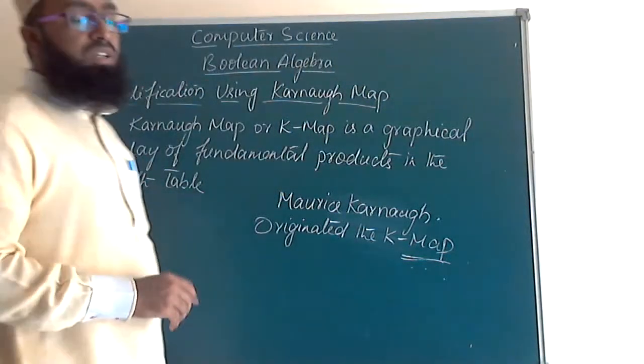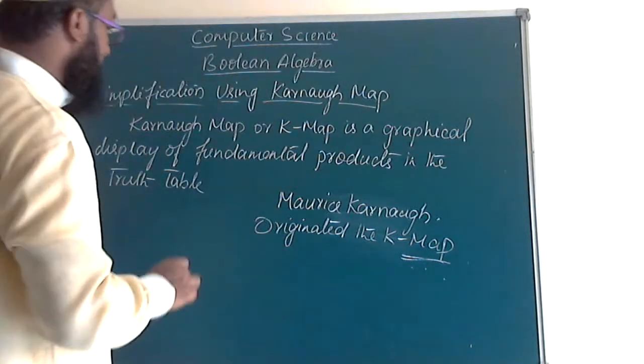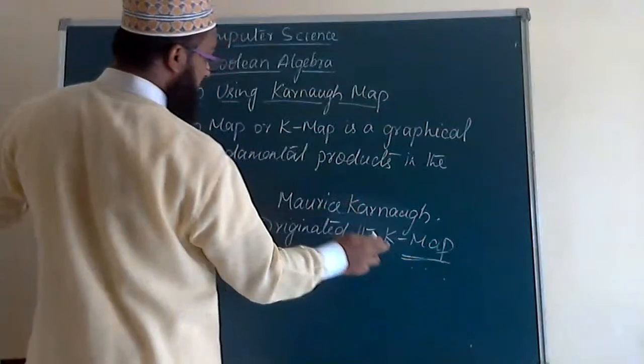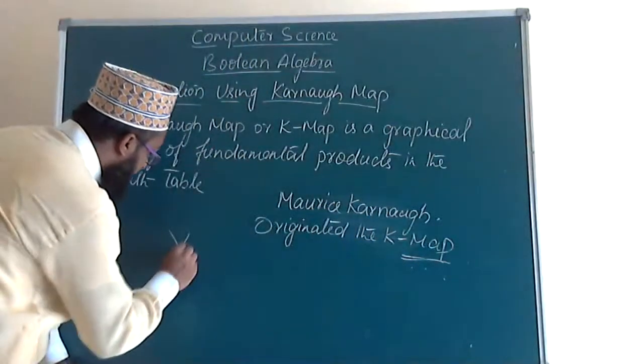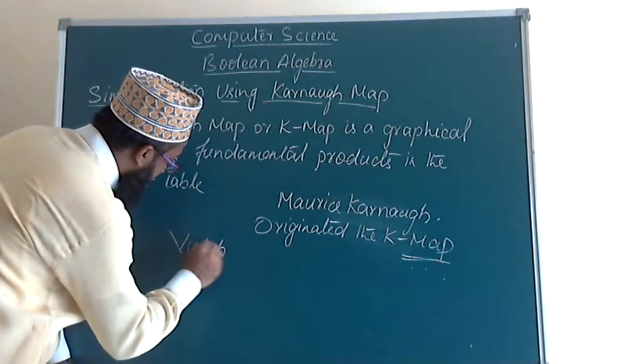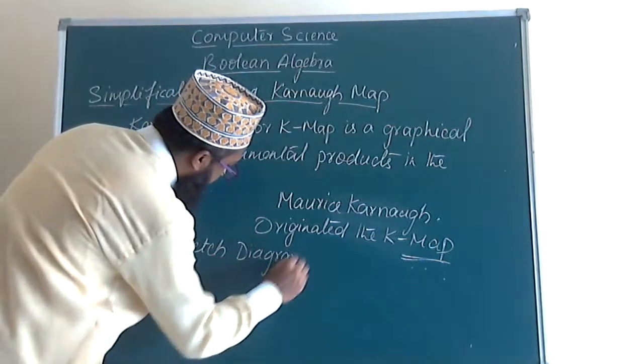What is the other name for this Karnaugh map? One way we can call it is K map, and it is also called the Veitch diagram.